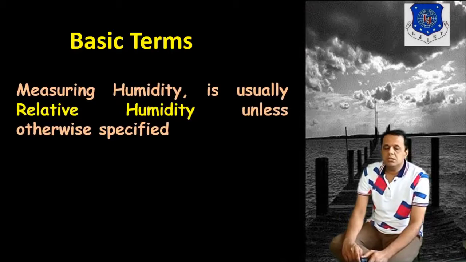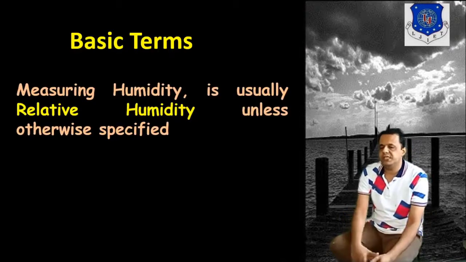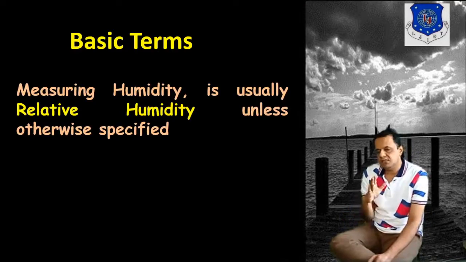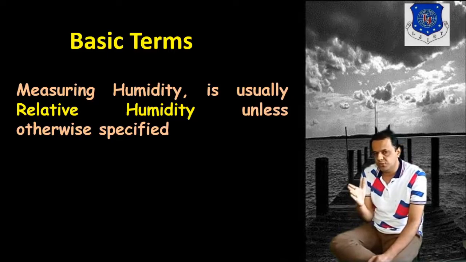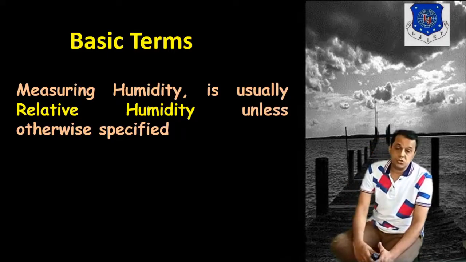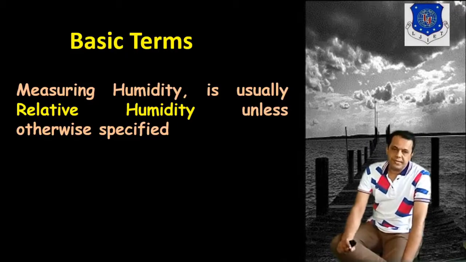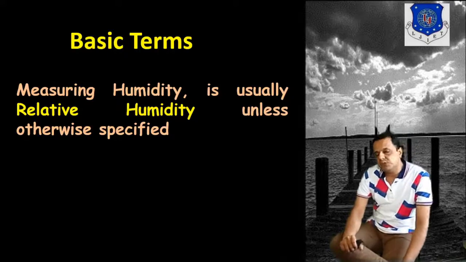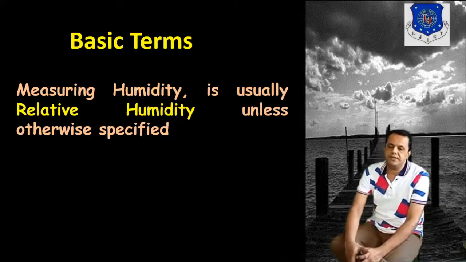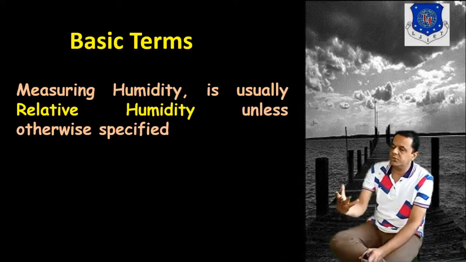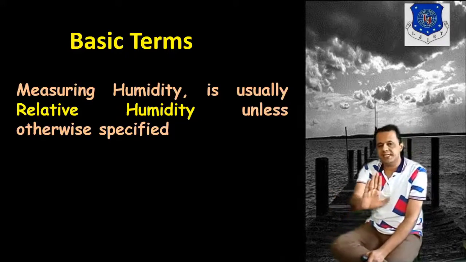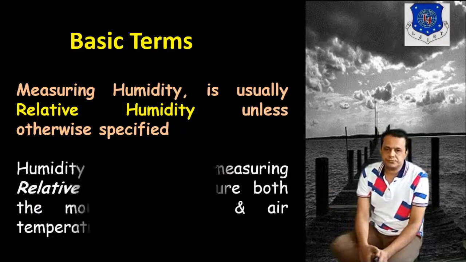Now, what does a hygrometer measure? Does it measure absolute humidity or relative humidity? Please keep in mind, unless and until it is specified, we will by default be measuring relative humidity. So when we say we measure humidity, you understand it is relative humidity.